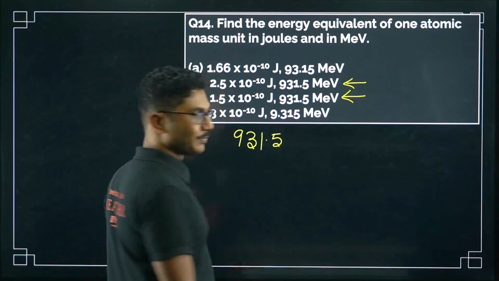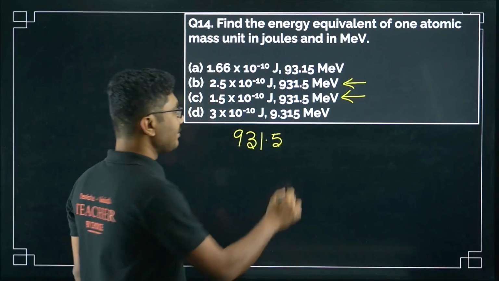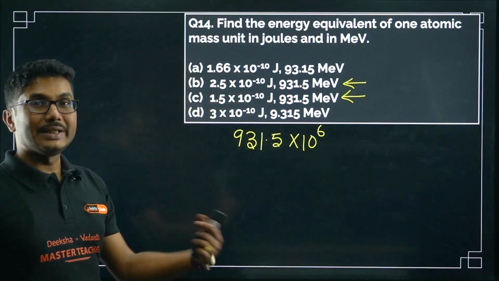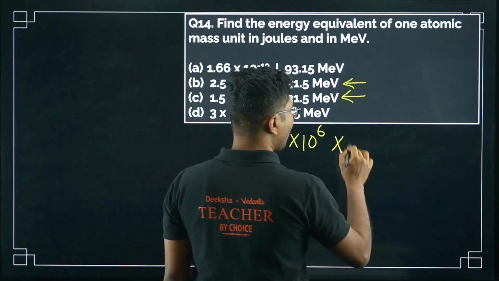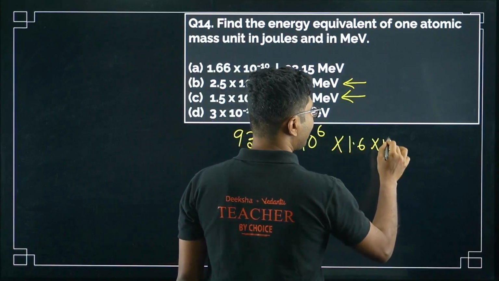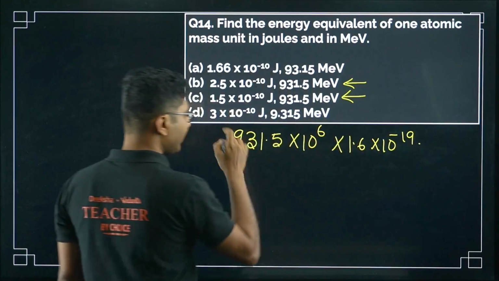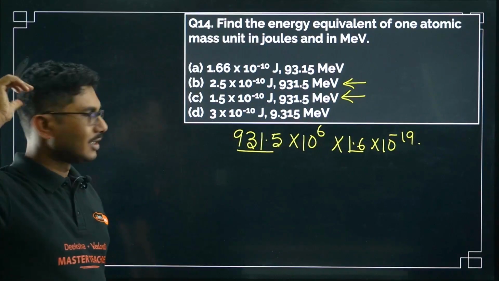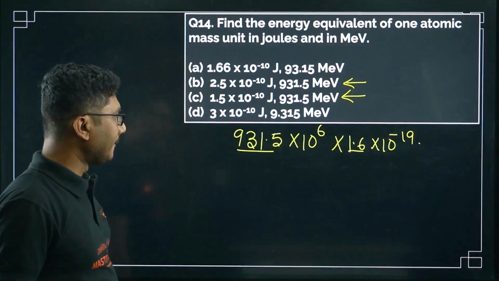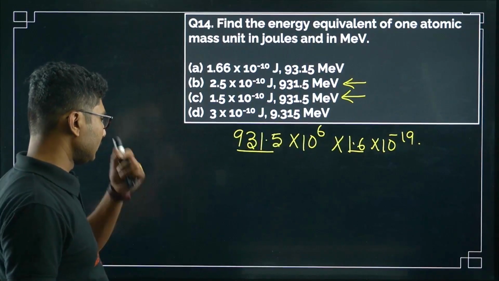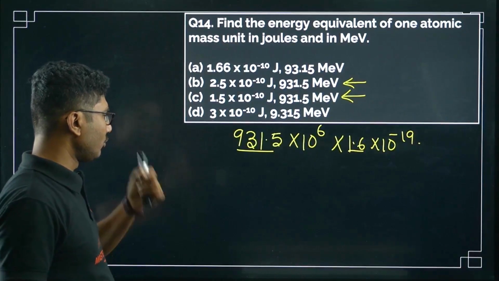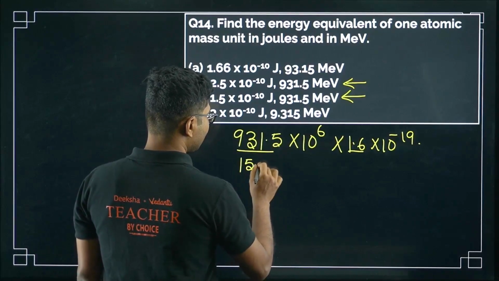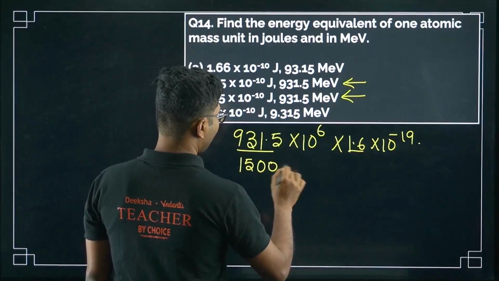931.5 MeV. This is the energy. MeV means mega, mega means 10 to the power of 6, but also eV. eV means 1.6 into 10 to the power of minus 19. Okay, so 900 into almost 1.6, which will be almost 1500.